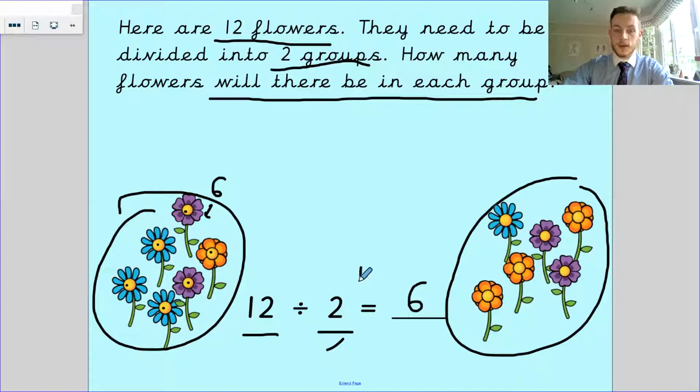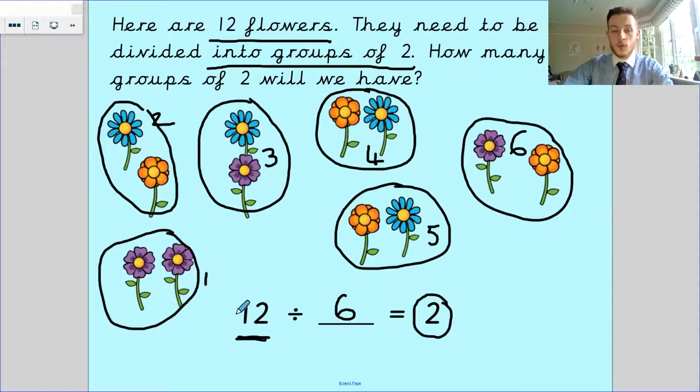So this number and this number have just swapped places. It's not commutative because it's a different calculation or equation, but they are able to be swapped over because you can have 12 split into 2 groups with 6 in each group, and you can have 12 split into 6 groups with 2 in each group.